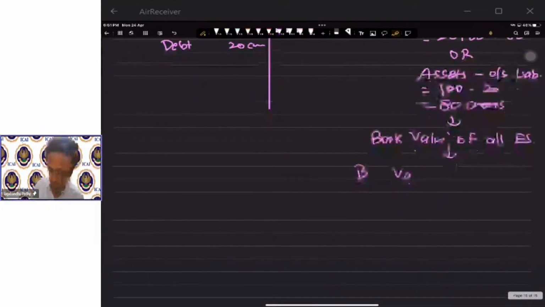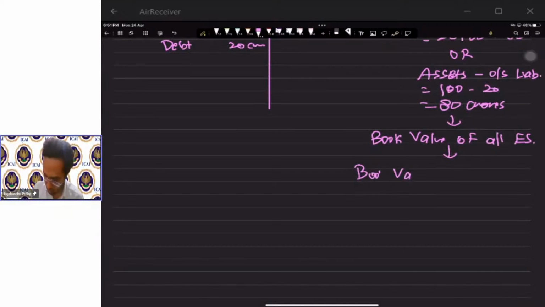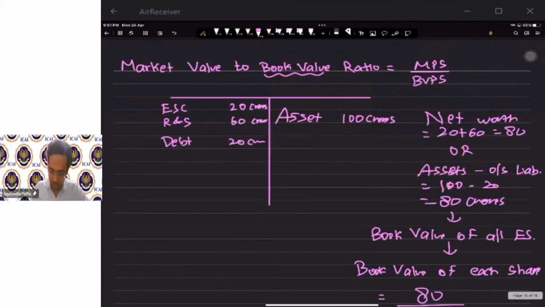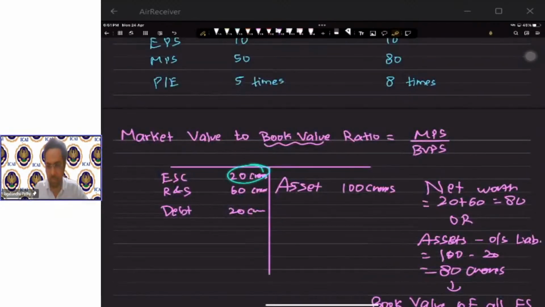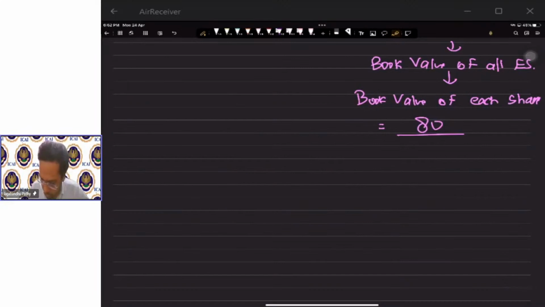Similarly, if I ask you what is the book value of each share, the book value of each share is 80 divided by the number of shares. Let's say we say 20 per share, 10 rupee. So 2 crores. 80 crore is the book value of all shares, and we have 2 crore shares.